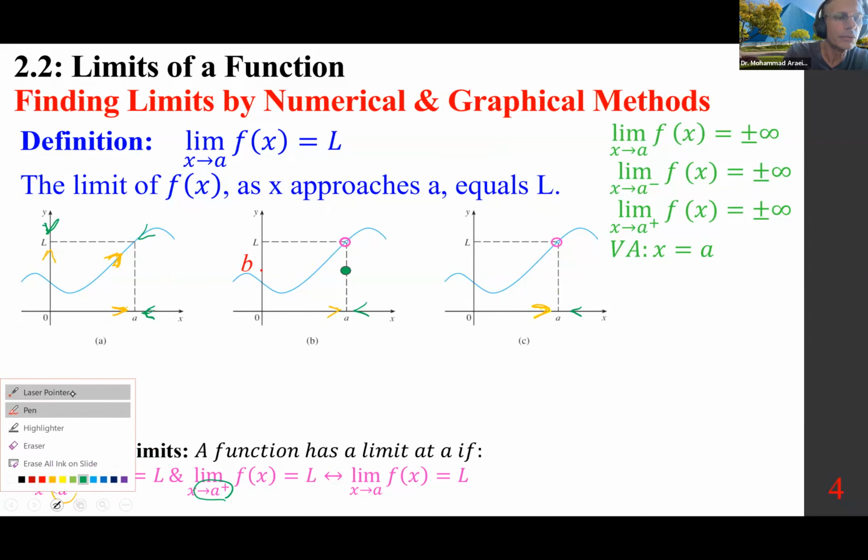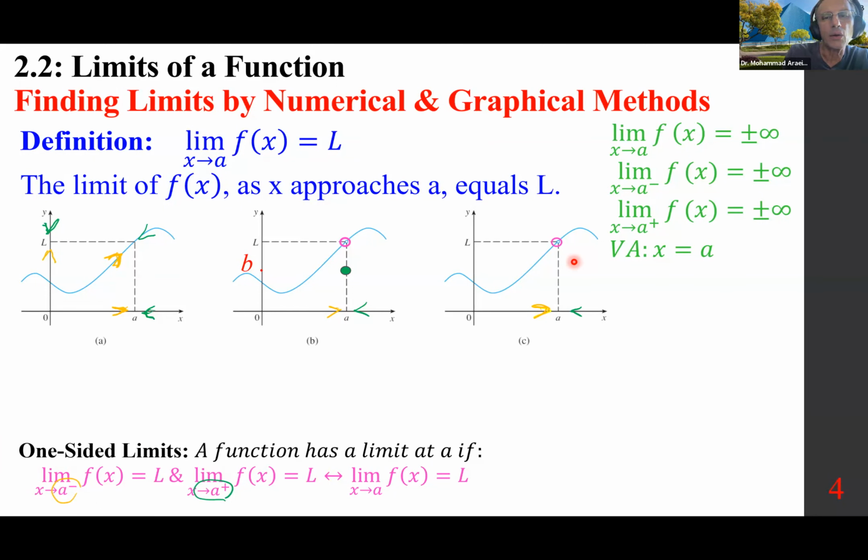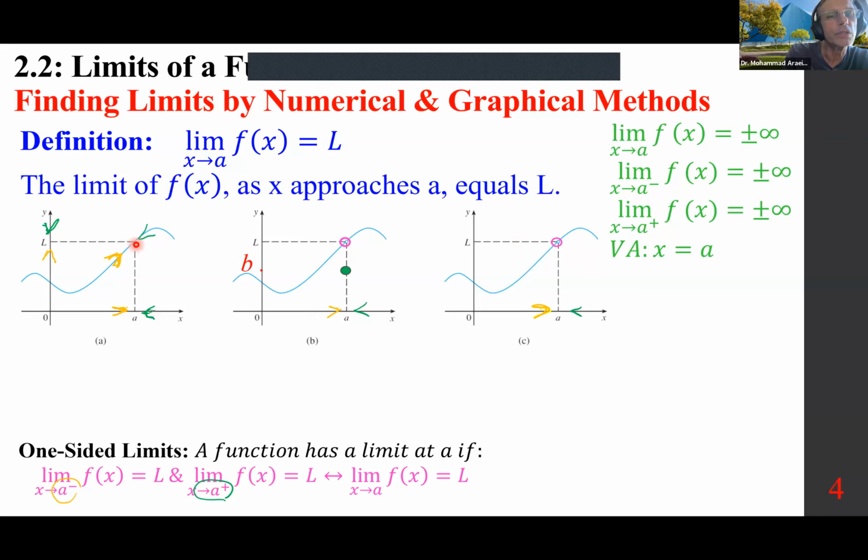And so in all three cases, we are moving towards this point. What is the y coordinate? L. That's the limit. Remember, the limit of f of x refers to the y coordinate. All of them have the same limit.